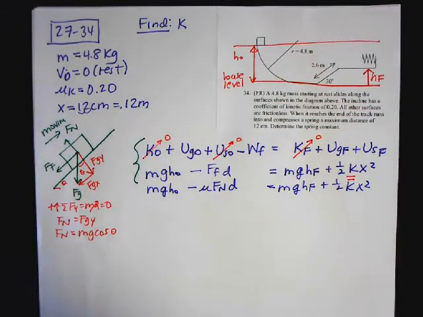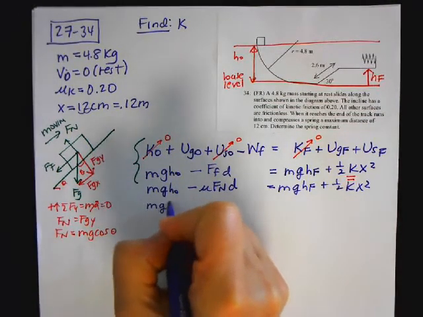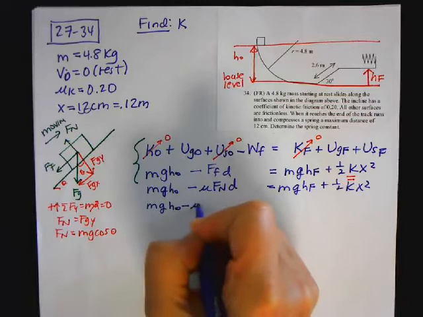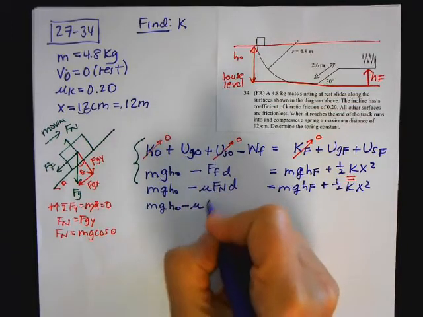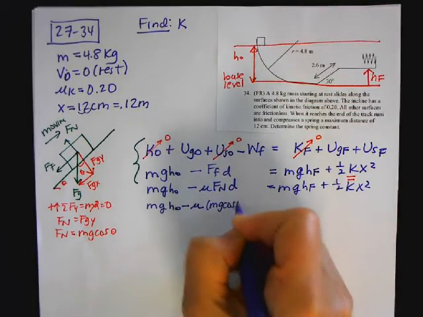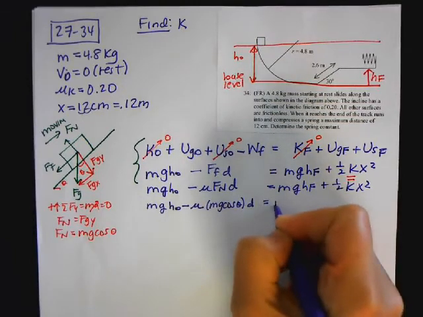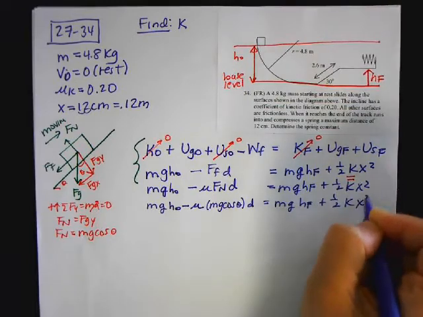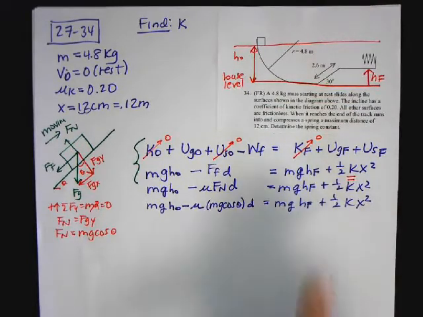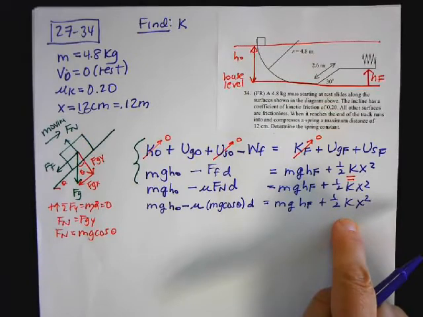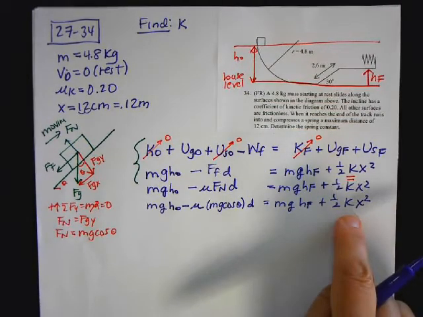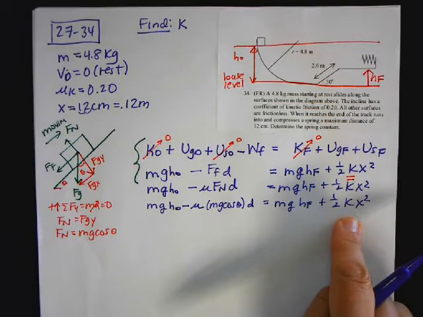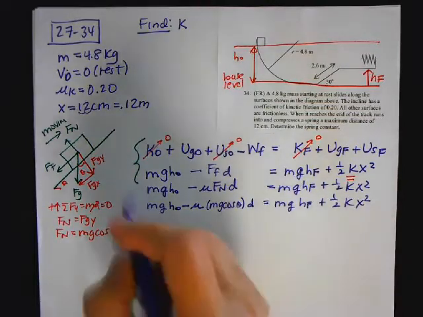So now in my work here, I'm going to say mg h naught minus mu, instead of f of n, I'm going to write mg cosine theta times d is equal to mghf plus 1/2 kx squared. So what I'm going to do now is I'm going to try and isolate k all by itself on the right hand, because I'm going to substitute my values at the end before I start plugging stuff in. Okay. So now what I'll do is I'll multiply both sides by 2.